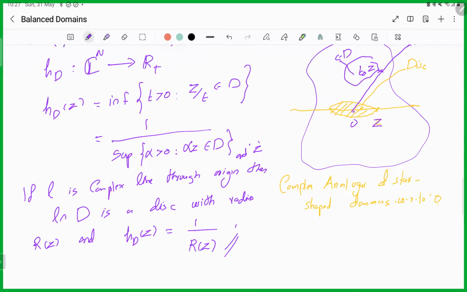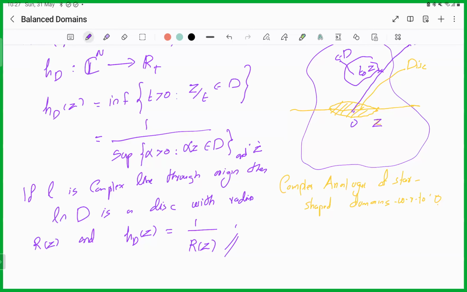We obtain this using the observation that h_D of z equals 1 by the supremum over alpha such that alpha z belongs to D. Take any z, place z in a complex line, take the maximum dilate such that it will intersect the domain, and take the reciprocal, 1 by the supremum.